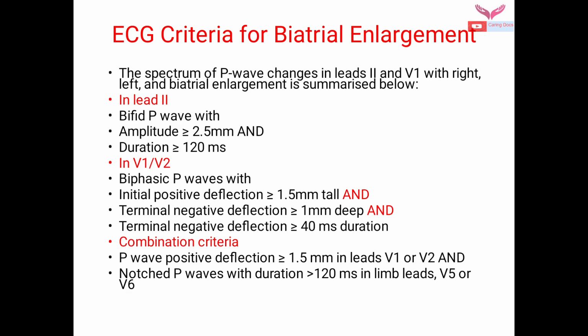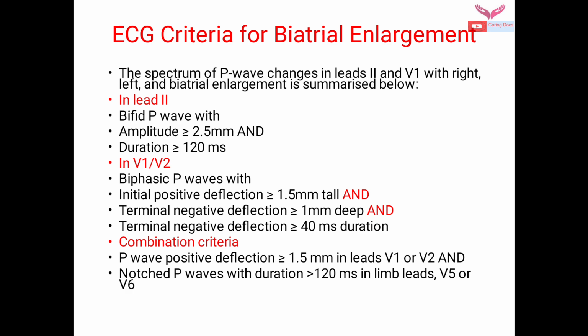In V1 and V2, we will get a biphasic P wave with initial positive deflection of more than or equal to 1.5 mm tall and terminal negative deflection more than or equal to 1 mm deep and more than or equal to 40 milliseconds in duration.